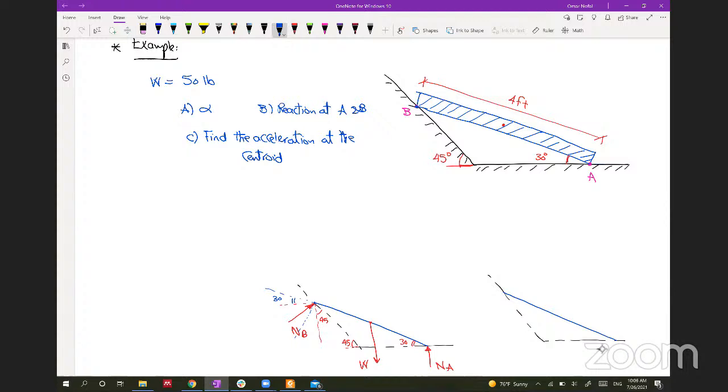Okay, let's extend this line like this. And this angle will be 45 degrees. So we can find this angle. It looks much bigger, but it should be 15 degrees, because this and this should be equal to 45. And we know that this NB is perpendicular to the surface, so this angle should be 90 degrees. And this is 45, so this will be 45 as well. Let's make it in red.